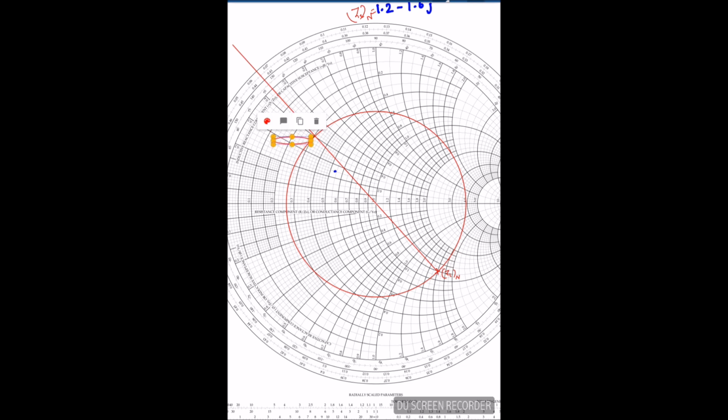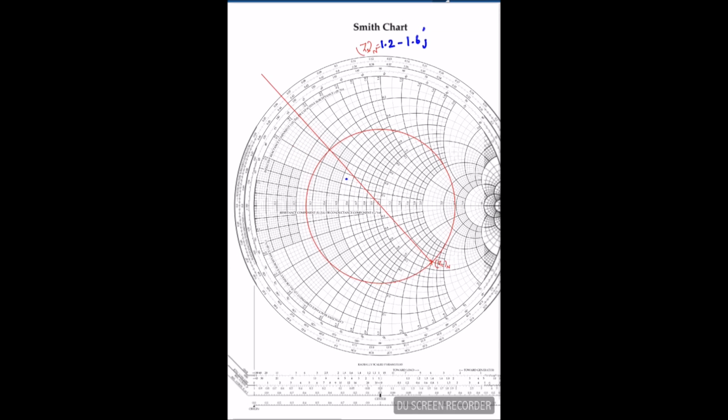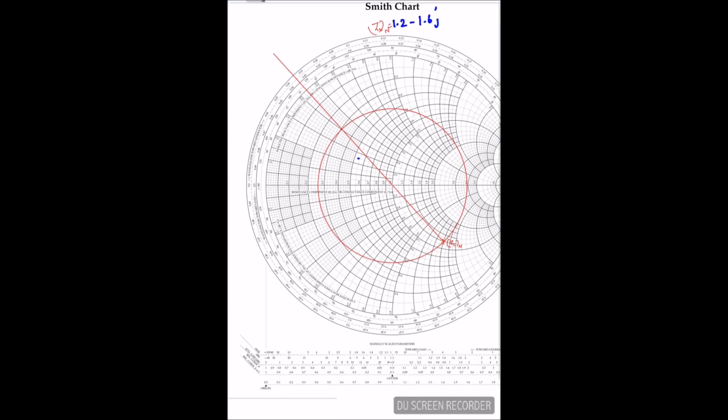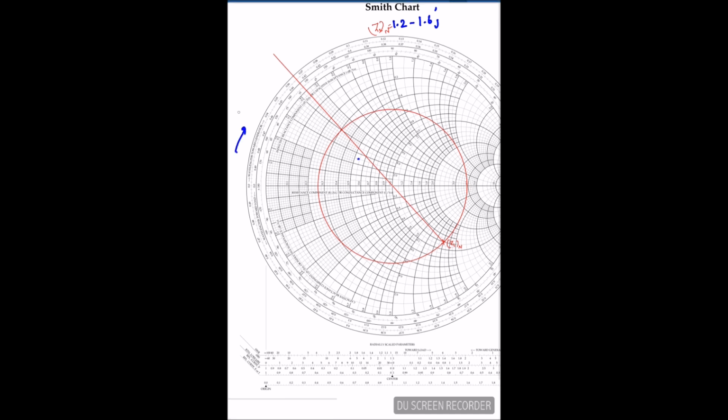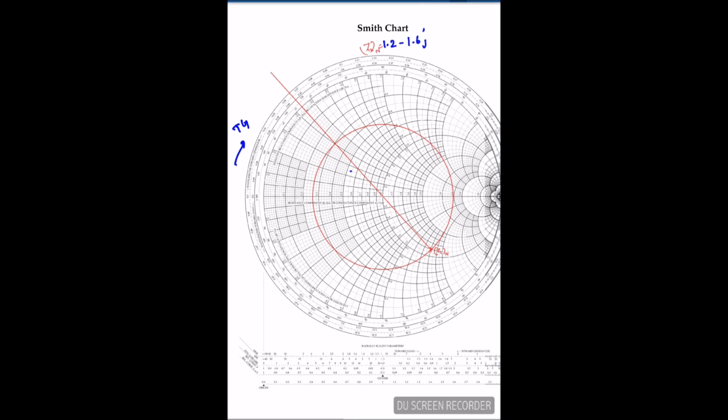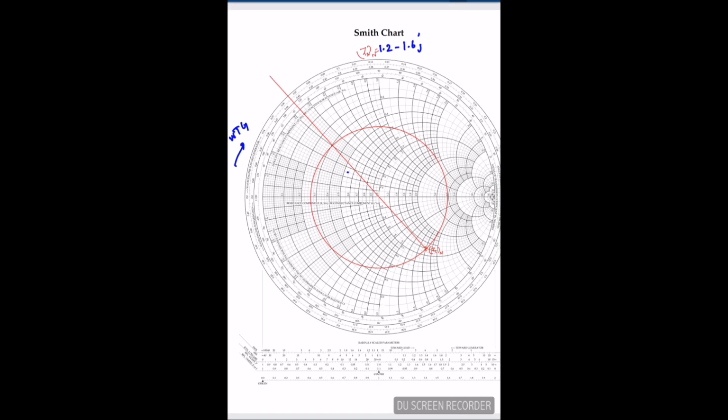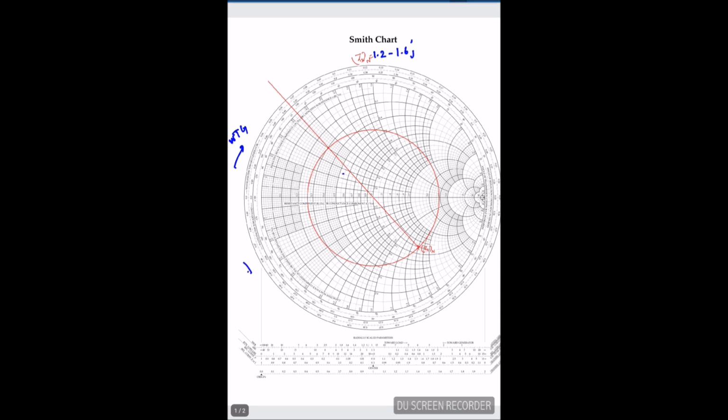Always remember in the Smith chart, the clockwise direction is wavelength towards the generator, and this is wavelength towards the load.